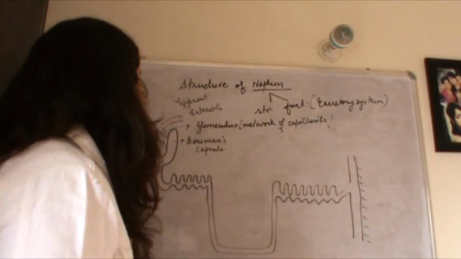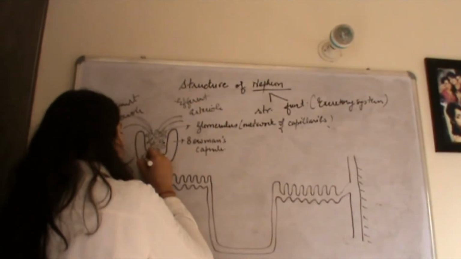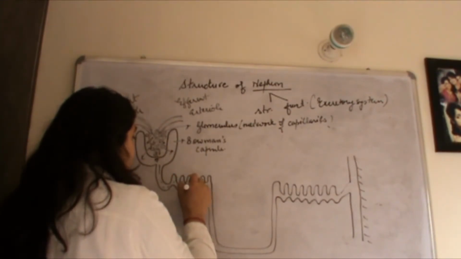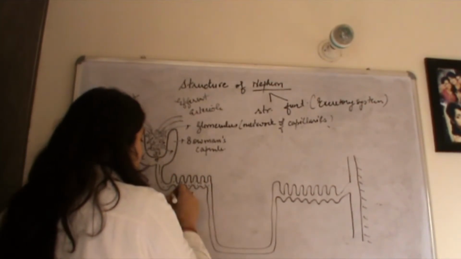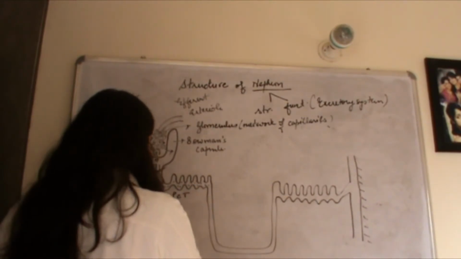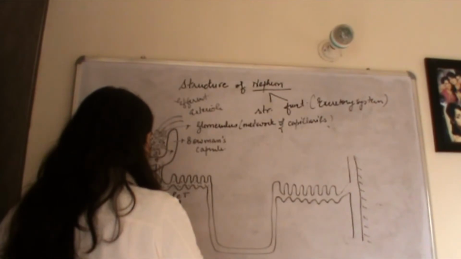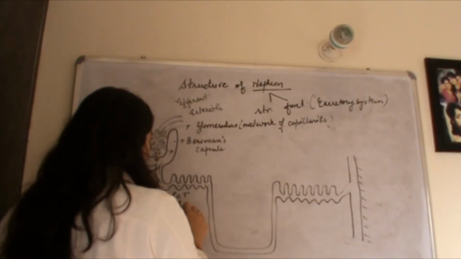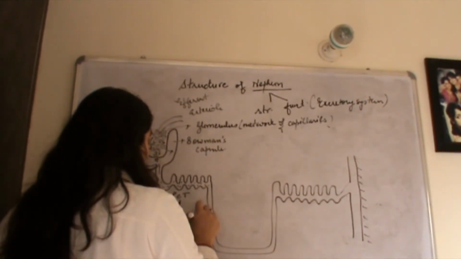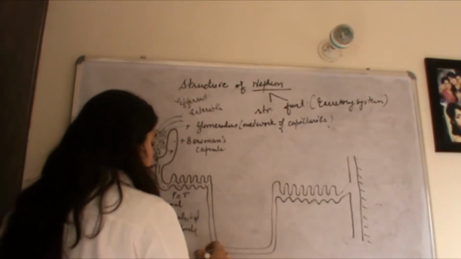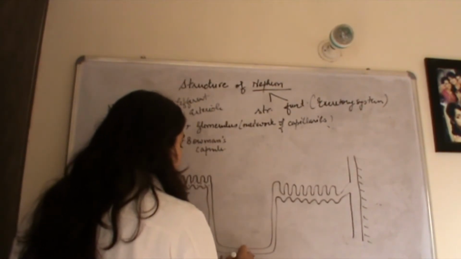Here through diffusion, the particles move inside and then keep on moving through this shape, and this part is called the PCT, that is the proximal convoluted tubule. This part is called the loop of Henle.